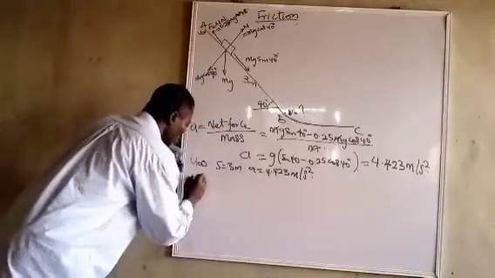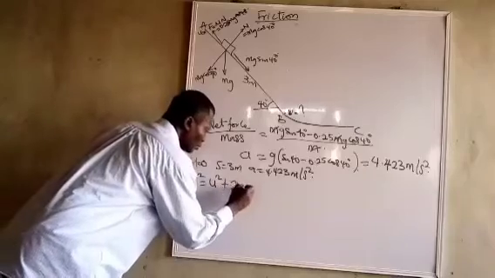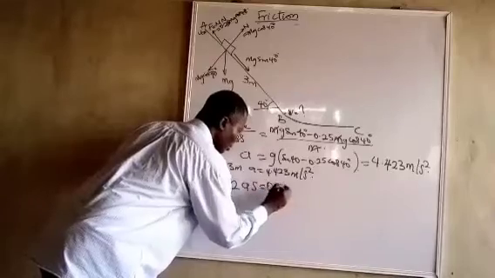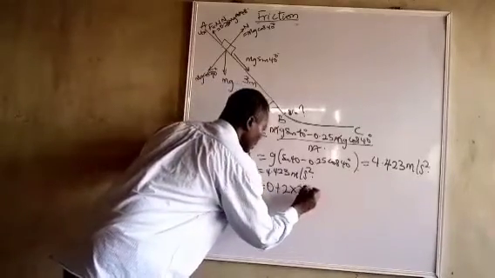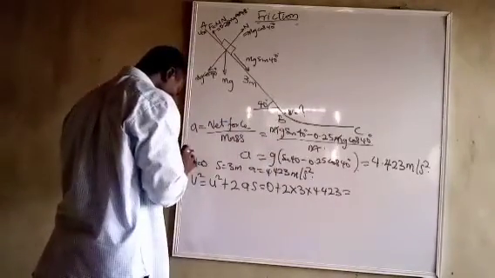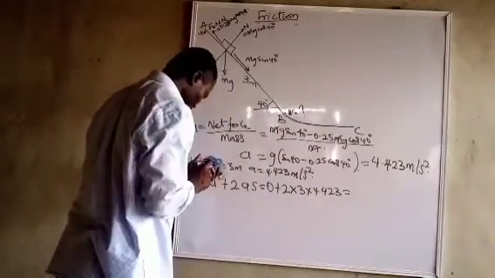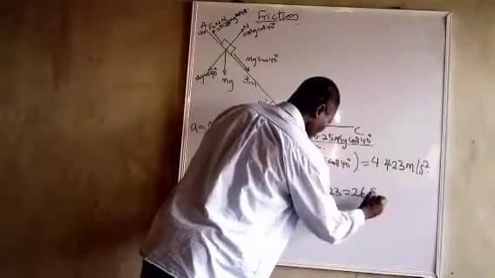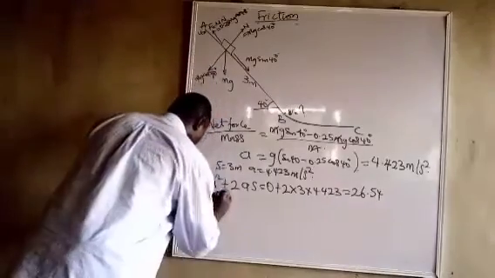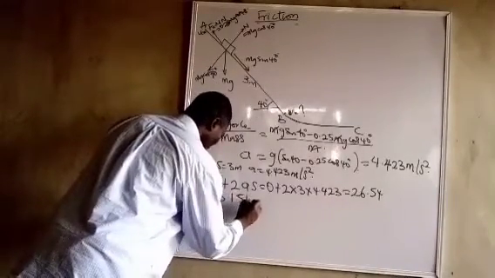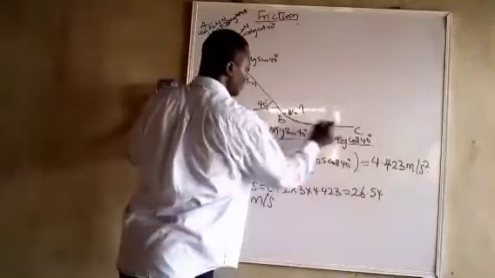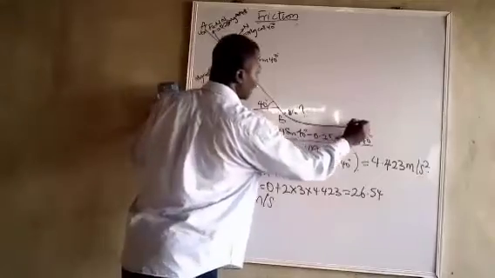Therefore, v squared equals u squared plus 2as, which is 0 plus 2 times 3 times 4.423, and that is 26.54. So v at that point will be 5.151 meters per second.